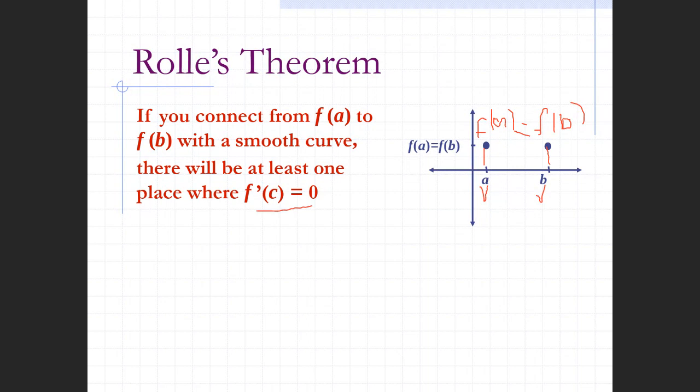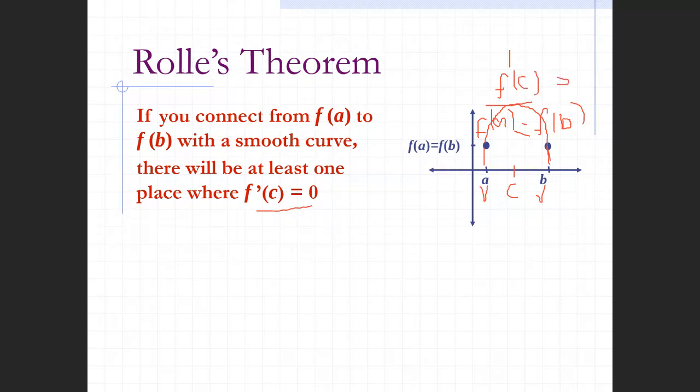Now we will connect points A and B with a smooth curve. When you connect these 2 points with a smooth curve, there is at least one point, C, between A and B. At point C, the derivative of the function, f dash of C, is 0.